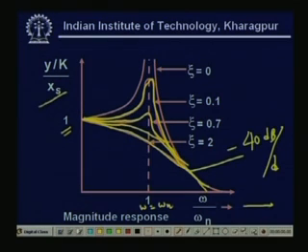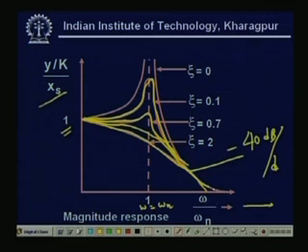The significance of this curve is that it tells what the frequency limit of your instrument is, of second order instruments. Suppose in the case of overdamped systems, you can see that there is a large attenuation if you go far off from the origin. Whereas if xi equal to 0.7, there is a single overshoot, then it comes back.